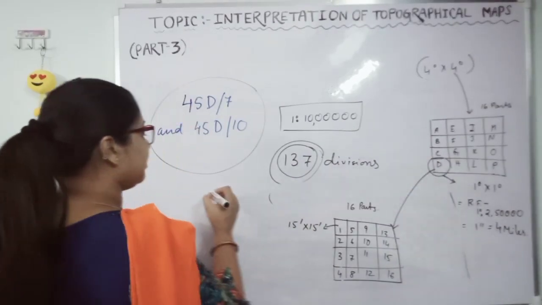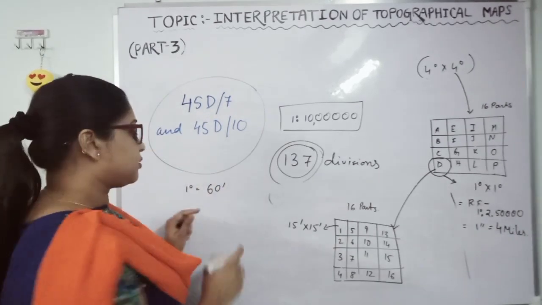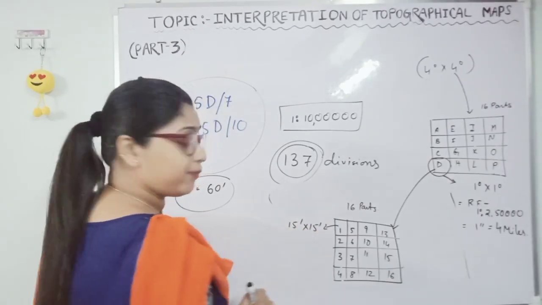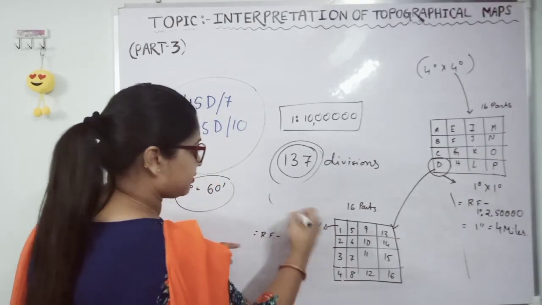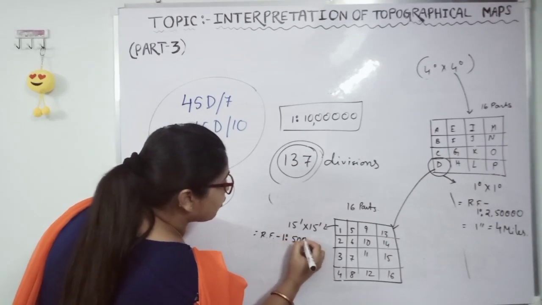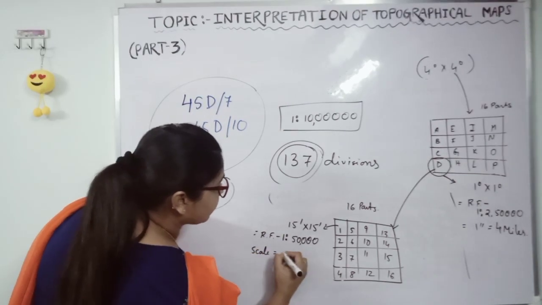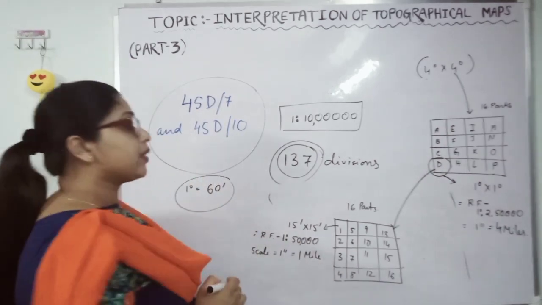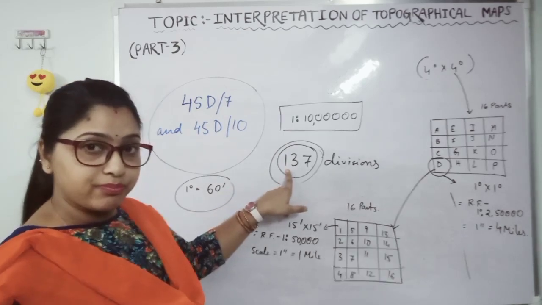Because 1 degree is equal to 60 minutes. So they took this area as 15 minute by 15 minute, and the RF they took for surveying this area is 1:50,000, and the scale is 1 inch showing 1 mile. So just understand, they took 137 divisions.